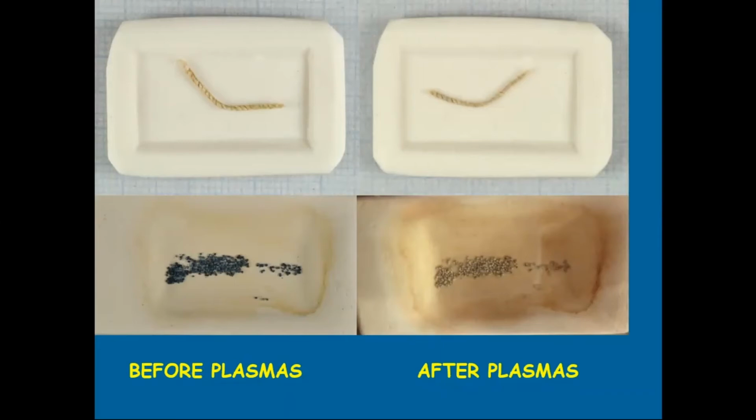We also separated out some of the indigo colored insect poop, and that's shown on the left side before we did any plasmas, and on the right side it's shown after we did 4 plasmas. Then you could watch, as we went through those 4 plasmas, the indigo dye color vanishing, leaving behind simply the color of the undyed linen.